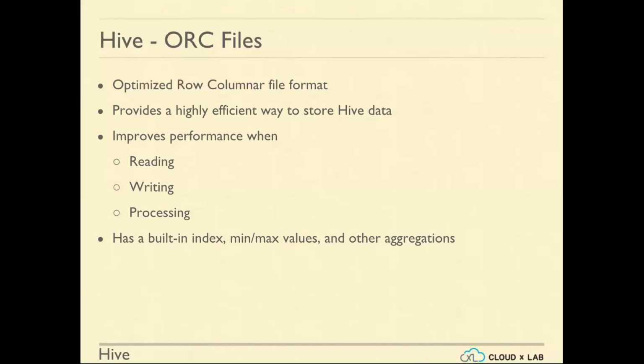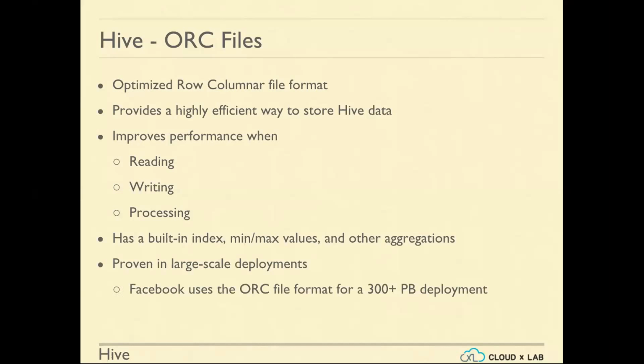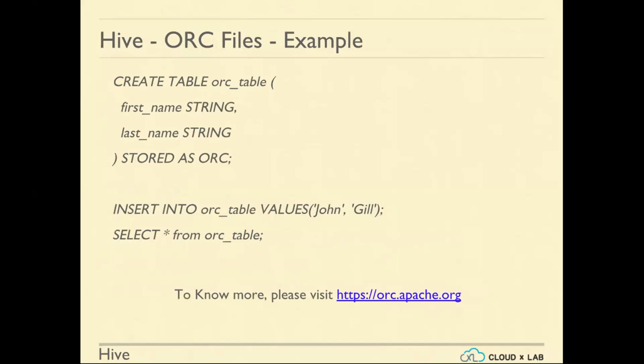It has min-max values and other aggregation provided to us. And it has been proven in a large scale deployment. That's what basically is from Hive's claim. And they say that Facebook uses the ORC file format for humongous data storage. All right, so let's try to see how ORC works.